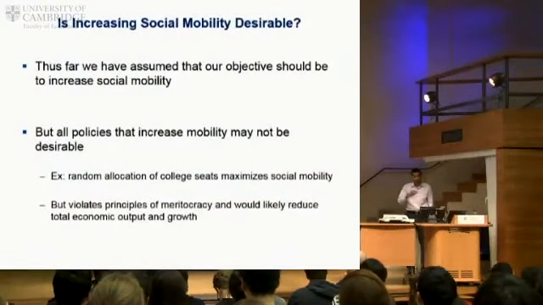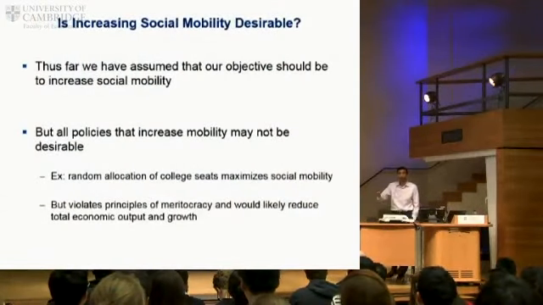So for example, suppose we did college admissions at Cambridge just by randomly admitting people without paying attention to their qualifications. That would actually maximize social mobility, literally measured, because you would end up having an equal chance of getting into an elite institution regardless of your parent background.